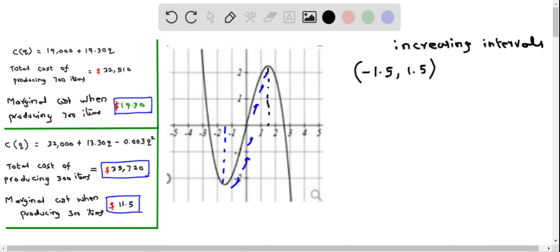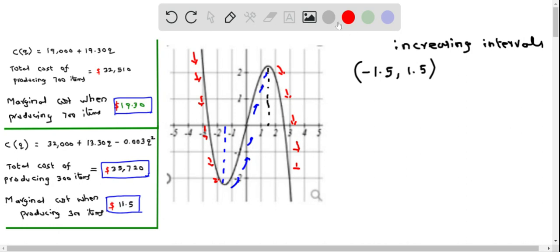and it is decreasing apart from this interval. That is, you can say that from negative infinity till it reaches x equal to negative 1.5, it decreases, and after x equal to 1.5, the function is decreasing.